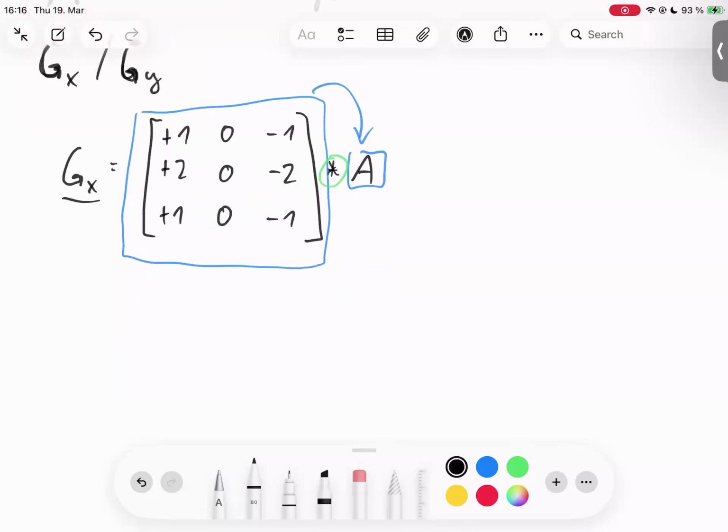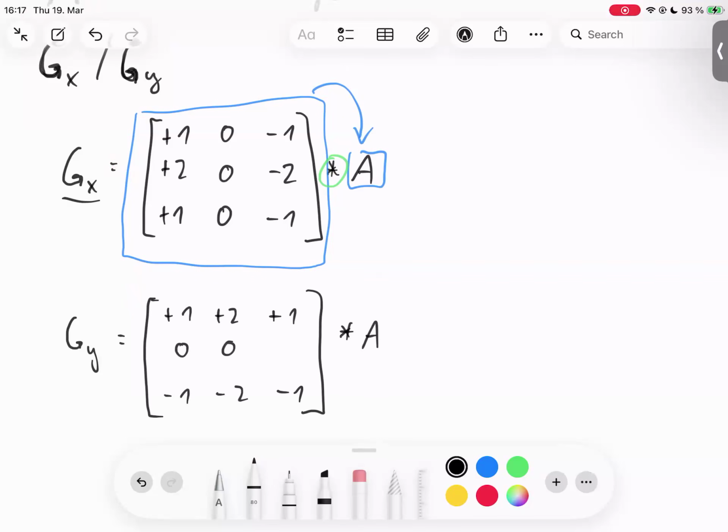Then I got the change along X, so I can get the change along Y. Same scheme. I have this star sign with A, and I apply a matrix piecewise, and this is +1, +2, +1, 0, 0, 0, and then -1, -2, -1.